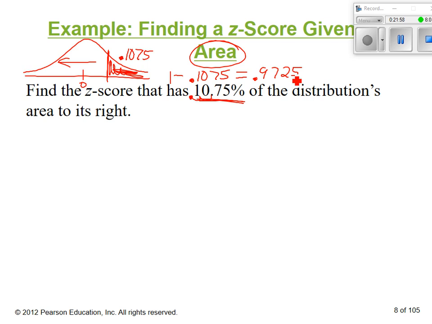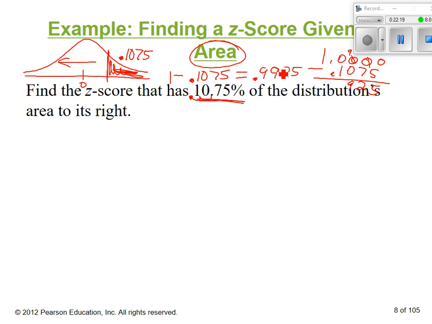Is that a 9? That'd be a 9. That's a 2. That should be a 9 there.